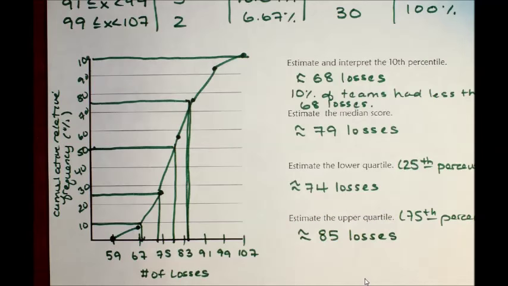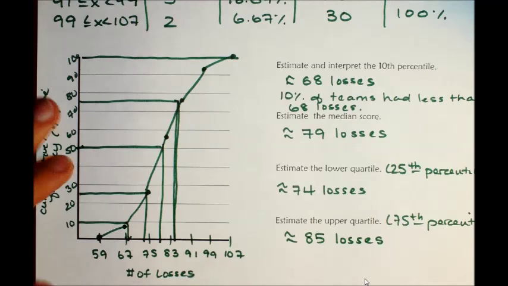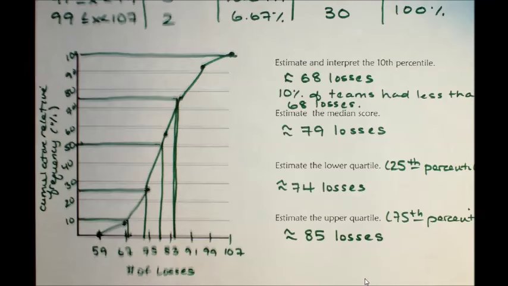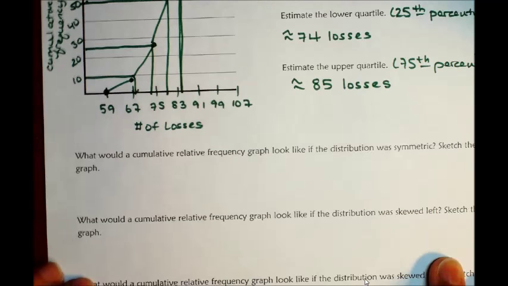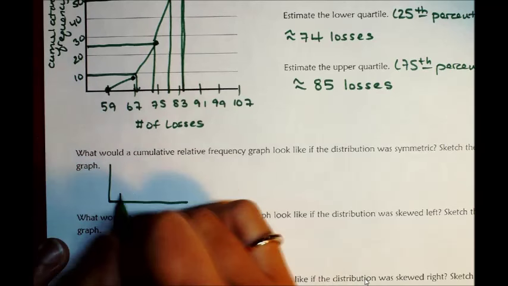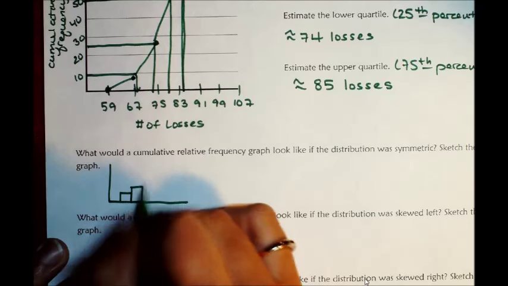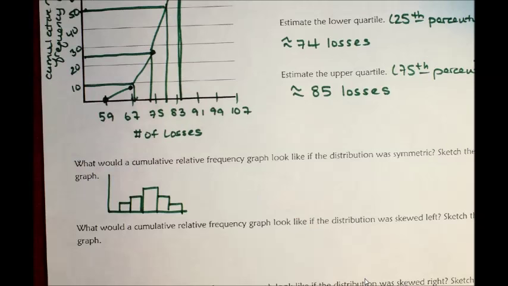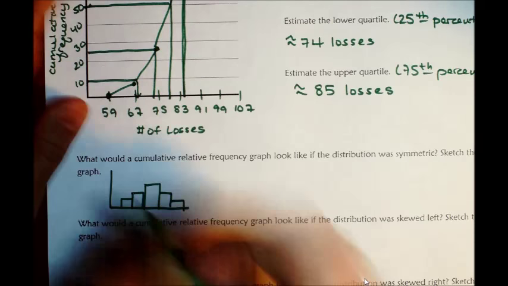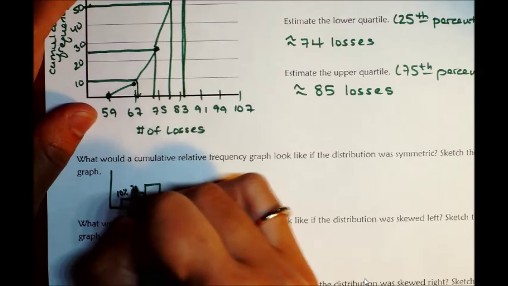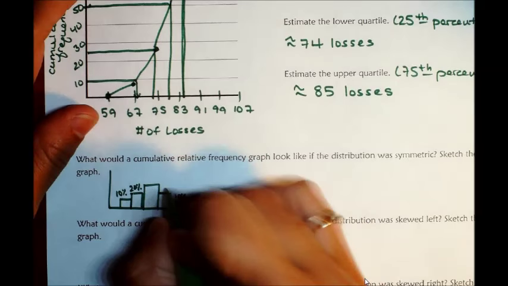So, wonder what the cumulative relative frequency graph would look like if we had symmetric versus skewed data. So if you can imagine, if you have symmetric data, it would look something like this. So let's say that if we found the relative frequency, this could be 10%, this could be 20%, 10%, 20%. So that gives us 40, 60, so we'll make this 40%.